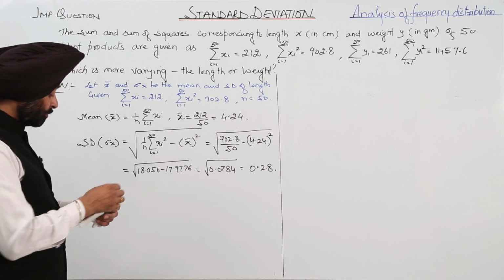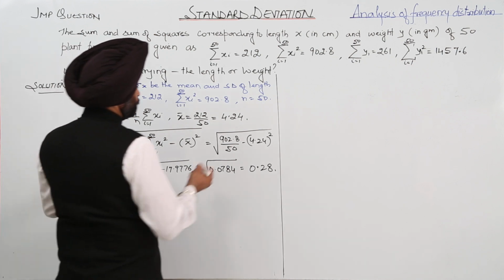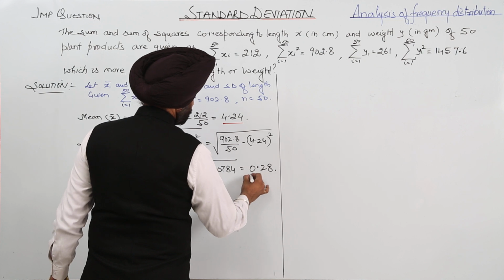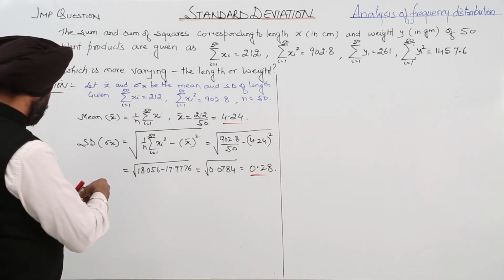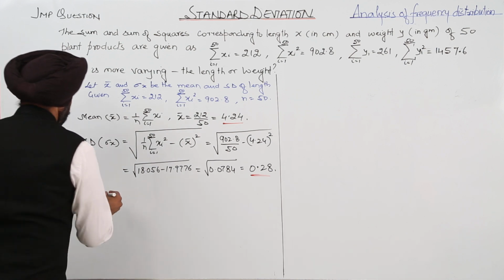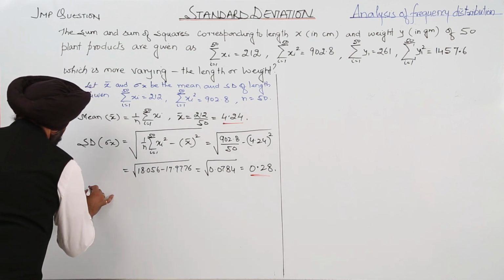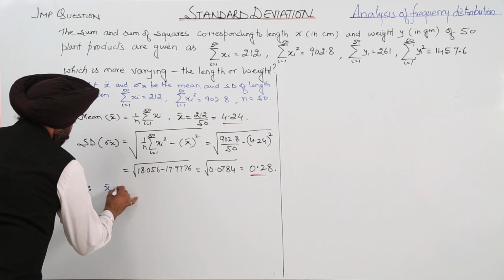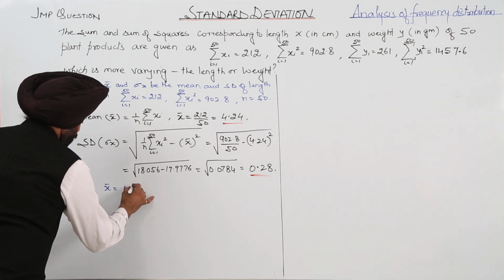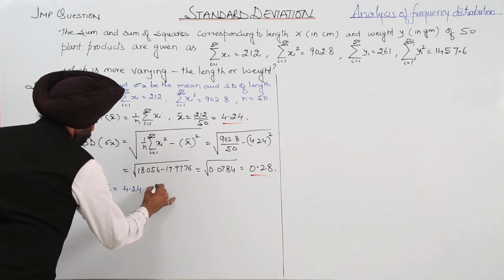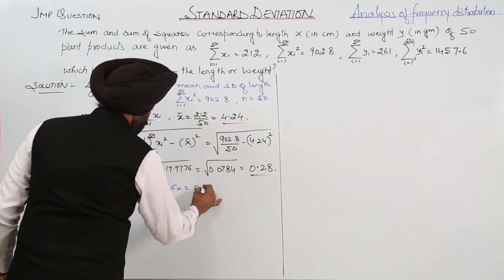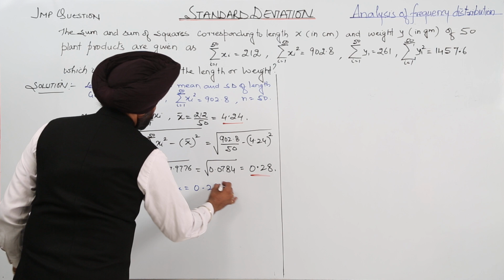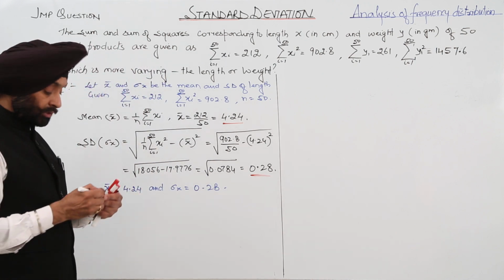So we got two things, the mean and the standard deviation. Therefore the mean is equal to 4.24 and the standard deviation is 0.28 for the length.